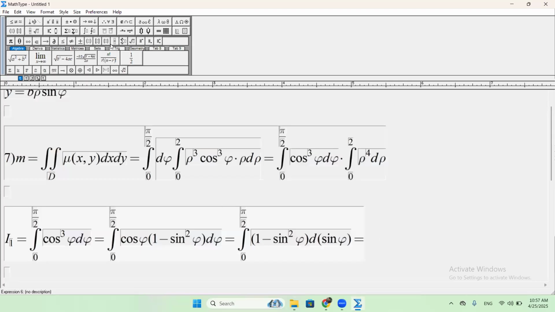And what we will actually receive: sine of phi minus 1 over 3 sine cube of phi, with substitutions from 0 to π over 2.